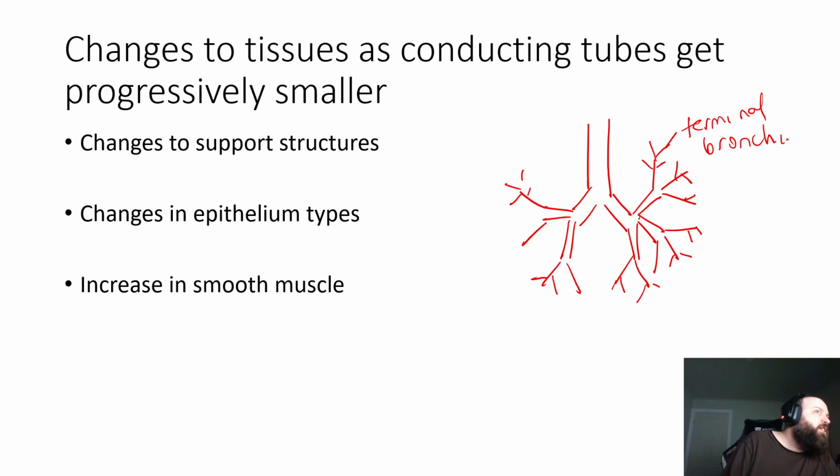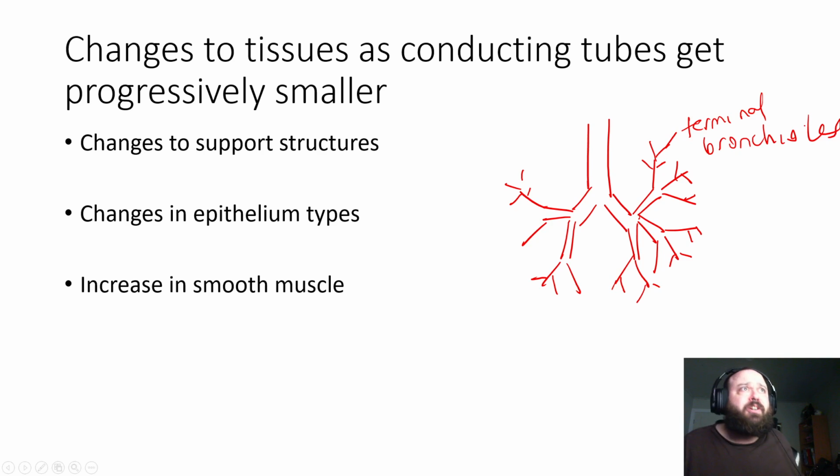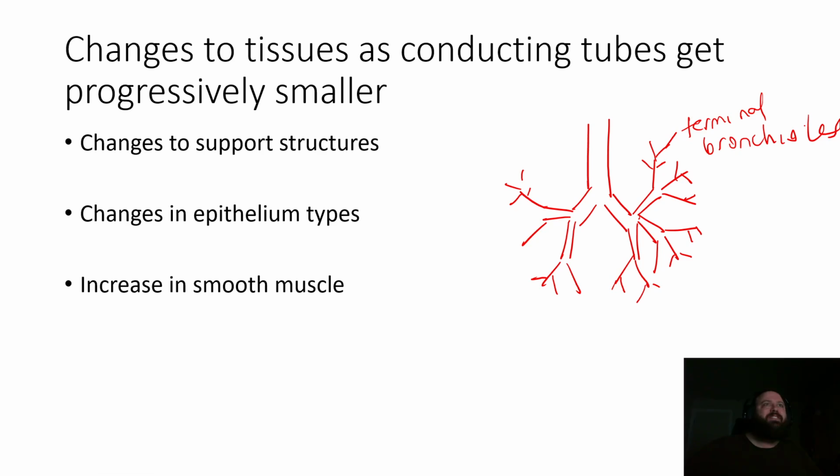The terminal bronchioles are what ultimately give rise to the respiratory zone, where you're actually allowing for gas exchange to take place. So what I want you to take note of is, as you transition from these big tubes like the trachea and the left and right bronchi into the secondary bronchi and so on, there are going to be progressive changes to the histology that I outlined for the trachea.